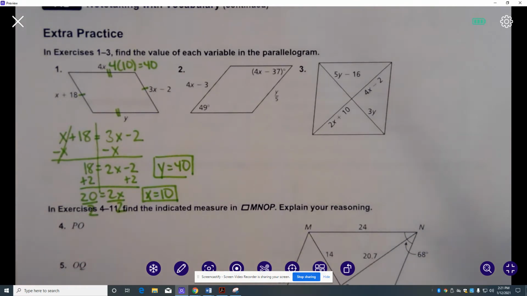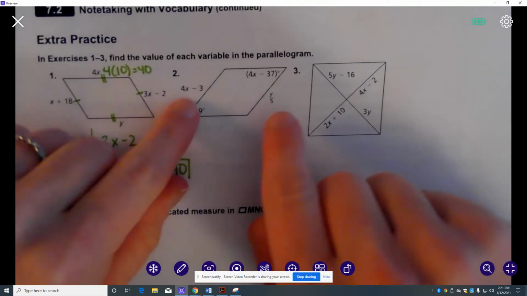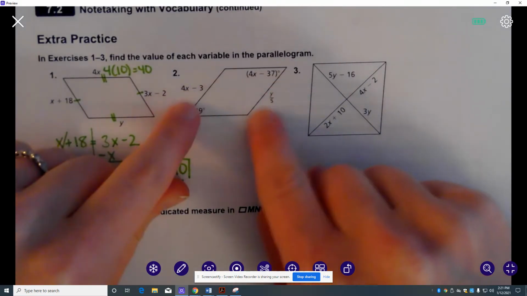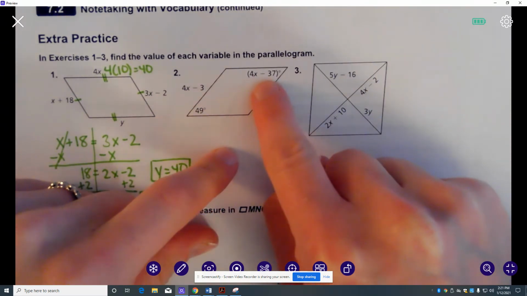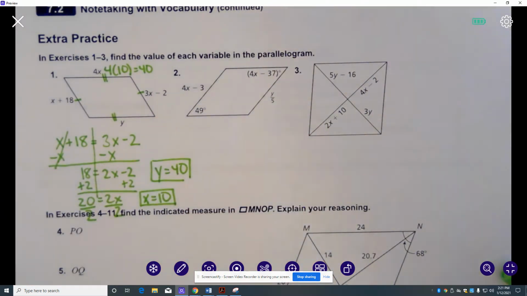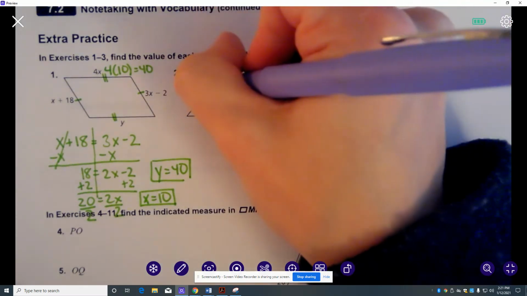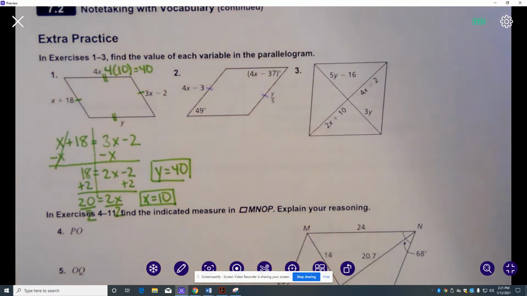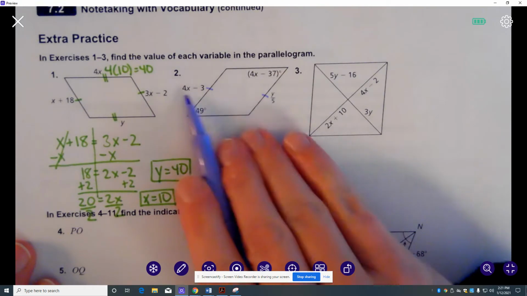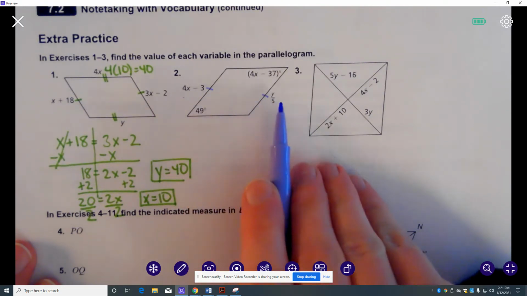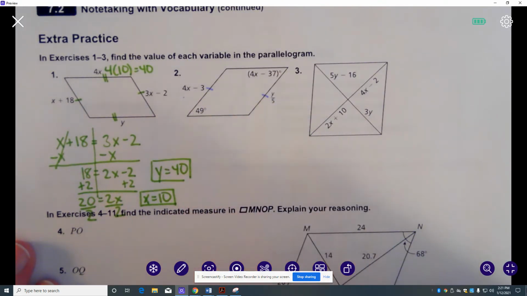And number 2. Now when I'm looking at my x and y values, I notice I have x and y on some side lengths. I also have x as part of an angle measure. Thinking back to number 1, we said that opposite sides of parallelograms are equal in length. So I know that these two lengths are equal, but notice I have two variables, so I don't want to set up an equation with those yet.